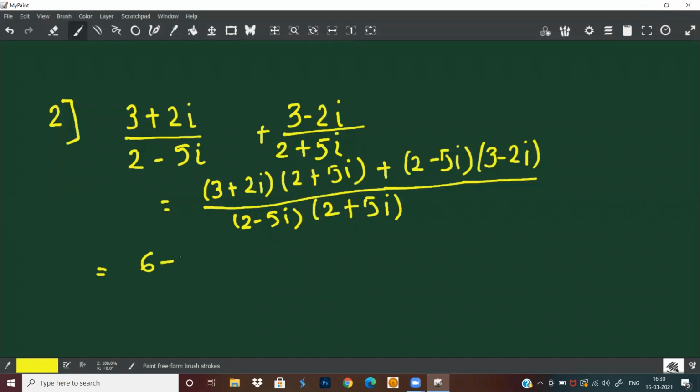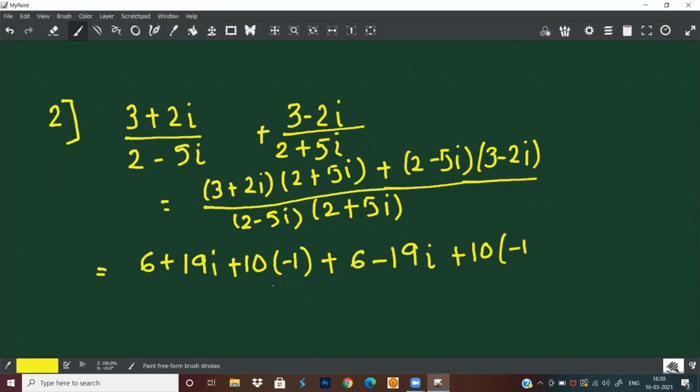This is 6 plus 15i plus 4i, so that comes to 19i plus 2i into 5i, so it will be 10i square, which is minus 10. So that's the answer of the first. Plus the second one, 2 3s are 6, minus 15i minus 4i will give you minus 19i, minus 5i into minus 2i is plus 10i square, which is again negative 10.